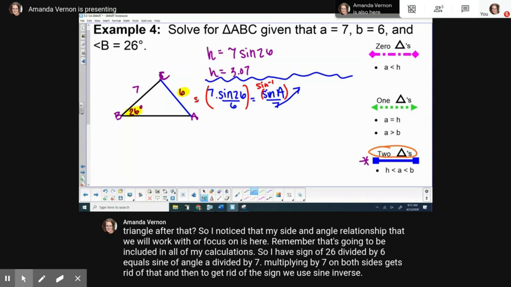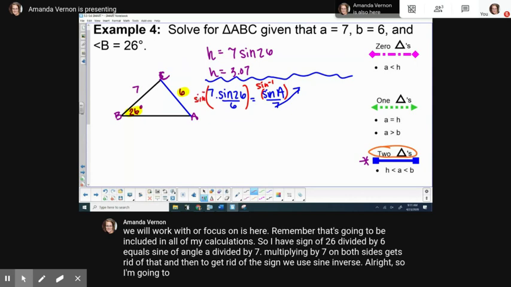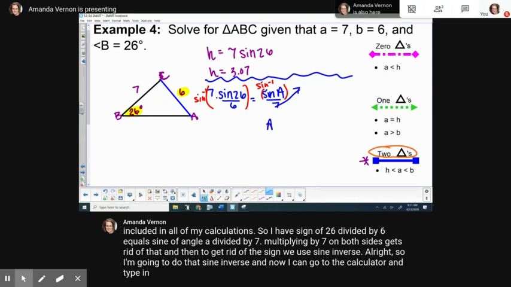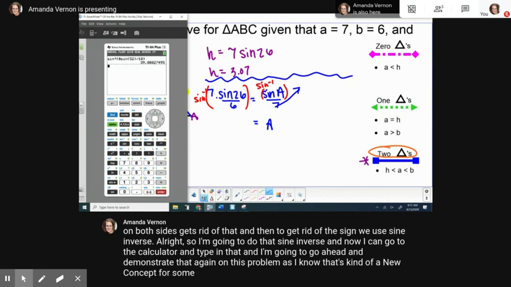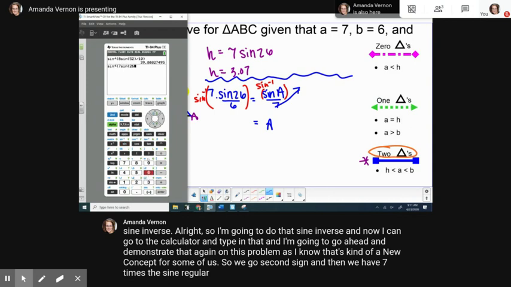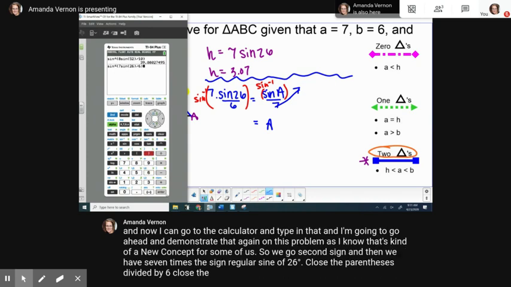All right, so I'm going to do that sine inverse. And now I can go to the calculator and type that in. I'm going to go ahead and demonstrate that again on this problem, as I know that's kind of a new concept for some of us. So we go second sine, and then we have 7 times the sine, regular sine, of 26 degrees, close the parenthesis, divided by 6, close the outside parenthesis.